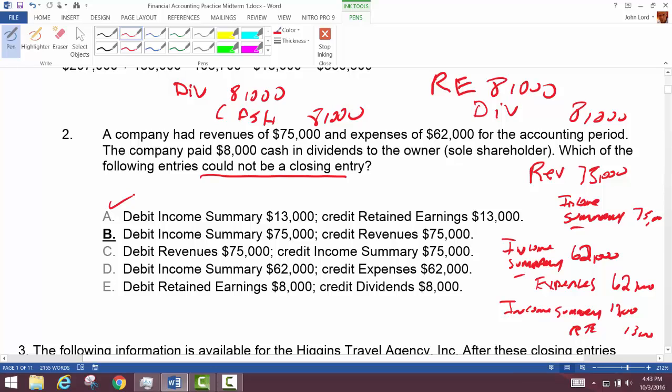We did do that. We debited revenue and credited the income summary right there to close the revenue accounts. We debited income summary and credited the expense accounts to close them. We debited retained earnings and credited dividend to close that. The entry that you would not make is debit income summary, credit revenue. It's the opposite, right?